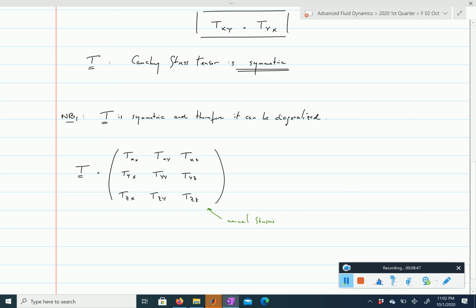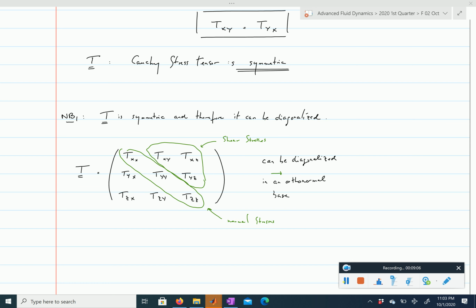The off-diagonal terms are called shear stresses. Because this matrix is symmetric, it can be diagonalized in a given orthonormal base, and when we diagonalize it, we only have normal stresses. In the base in which the stress tensor is diagonal, we call these stresses the principal stresses.